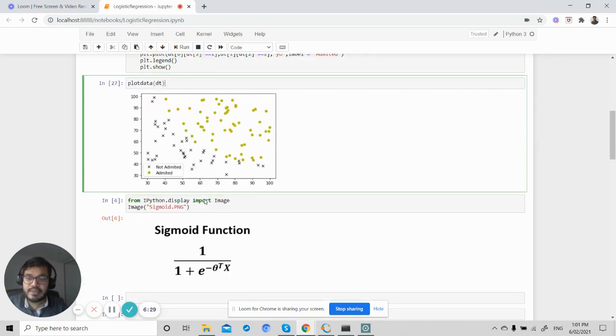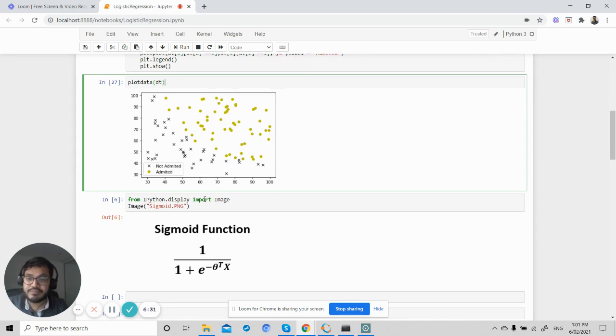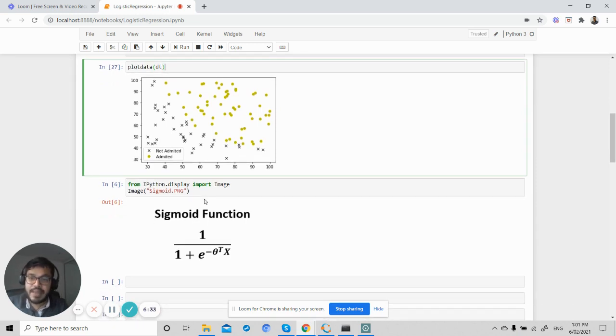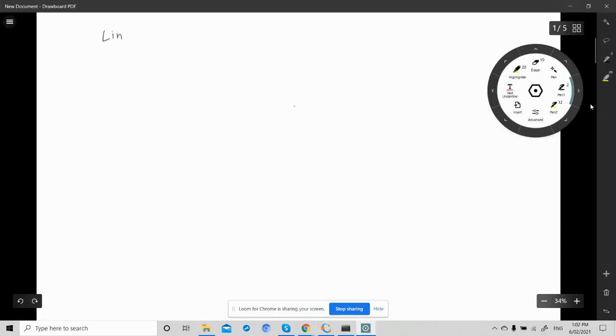So let's write a sigmoid function and hypothesis for logistic regression. We know that in linear regression, my hypothesis h theta of x was theta transpose x.